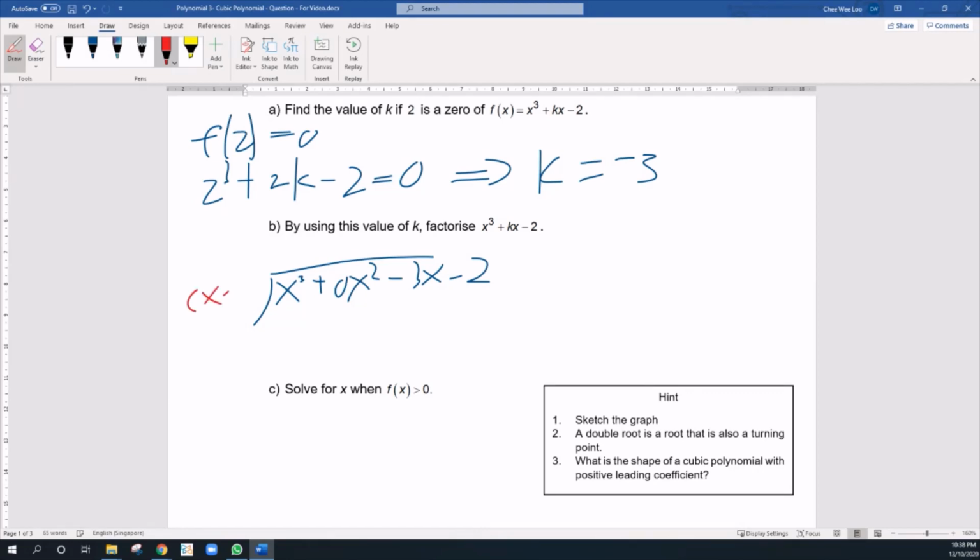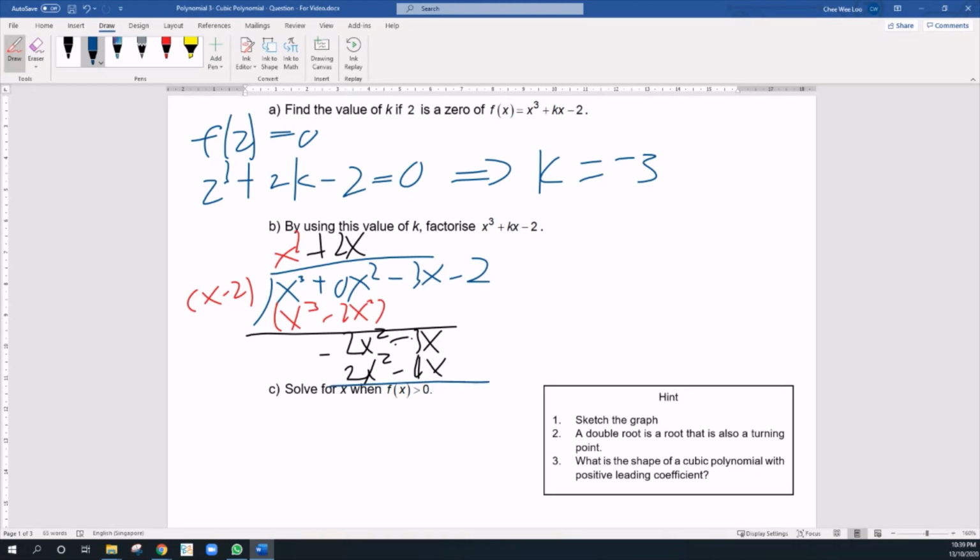So the divisor is x minus 2, giving me x squared, 2x squared minus 3x, plus 2x, 2x squared minus 4x, sorry for the spacing, x minus 2, and plus 1.